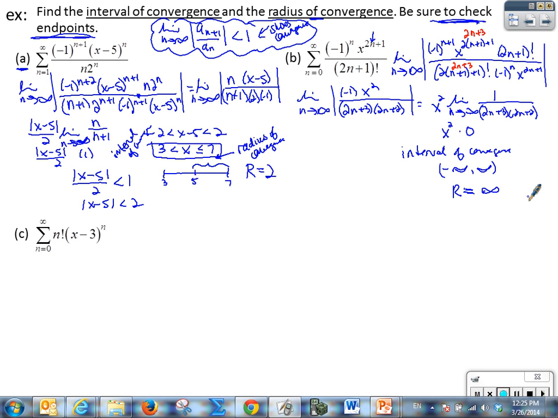Again, no surprise, we're going to use the ratio test. Limit n goes to infinity. N plus 1 factorial, x minus 3 to the n plus 1 over n factorial times x minus 3 to the n. There's our rule. So let's simplify.